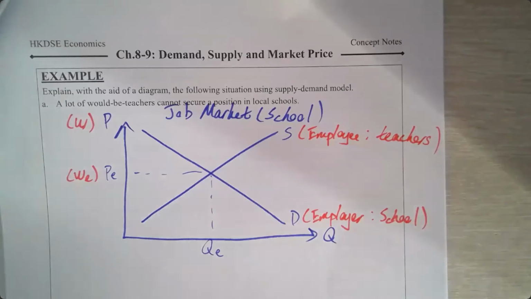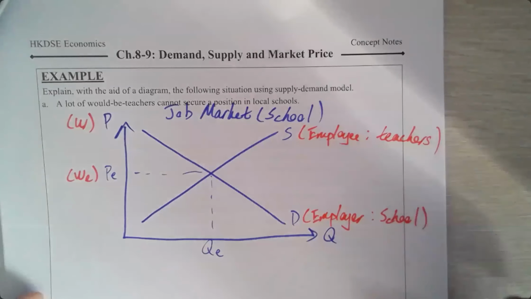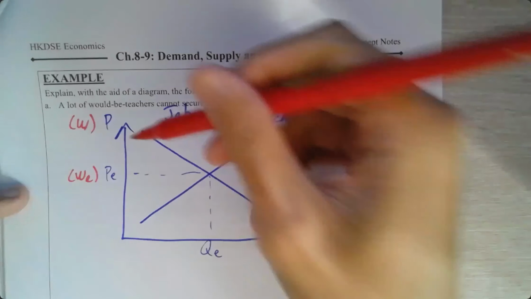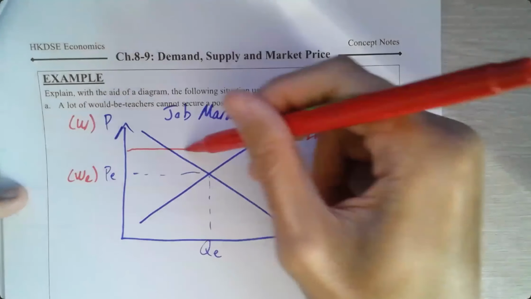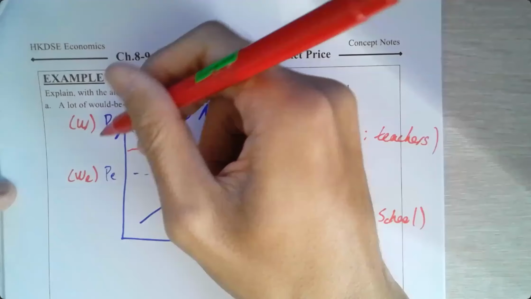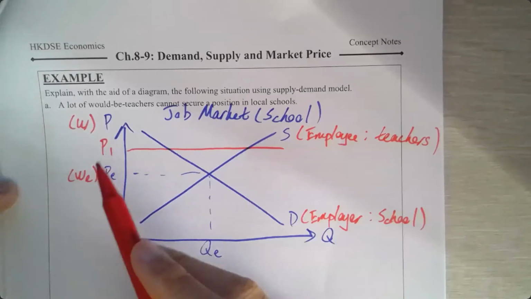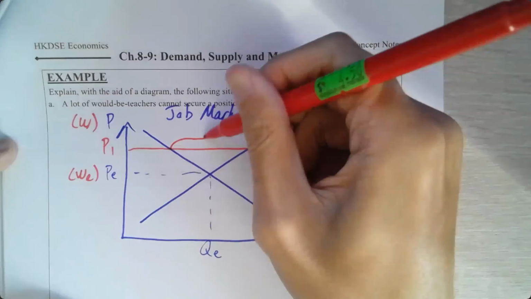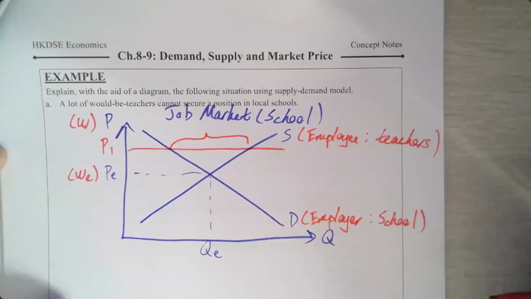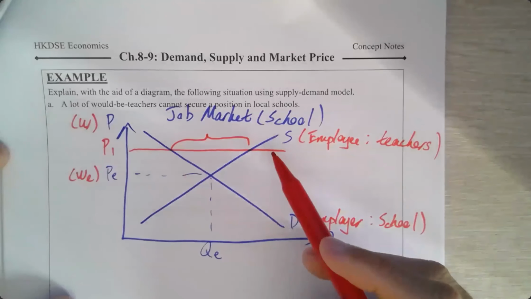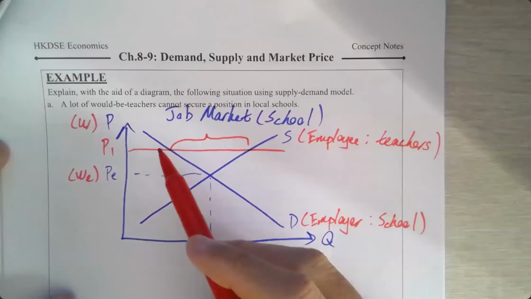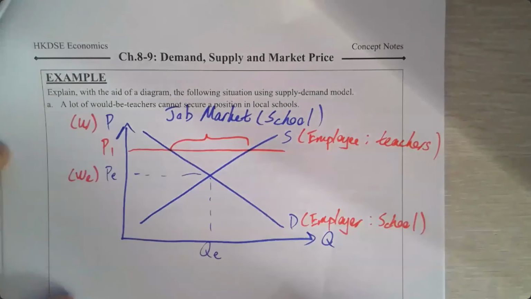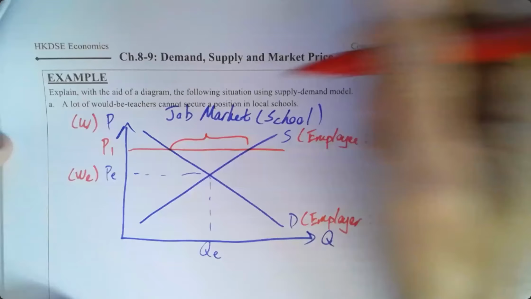What does that mean? It means that there is not enough schools to take in the teachers. Therefore, it's actually right here. Okay? We know that the situation P1, the actual wage is right here. Therefore, we have a situation, this one, a lot of quantity supplied, but not enough quantity demanded from school. What do we call this?